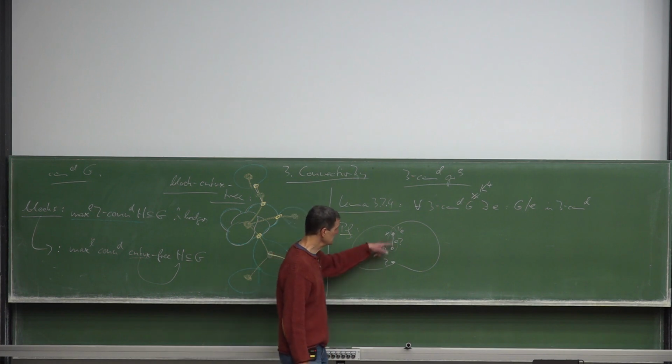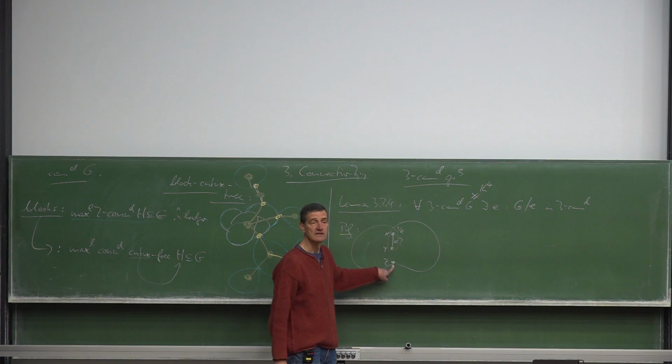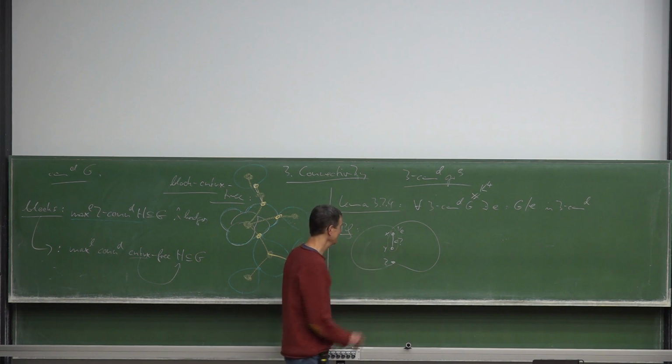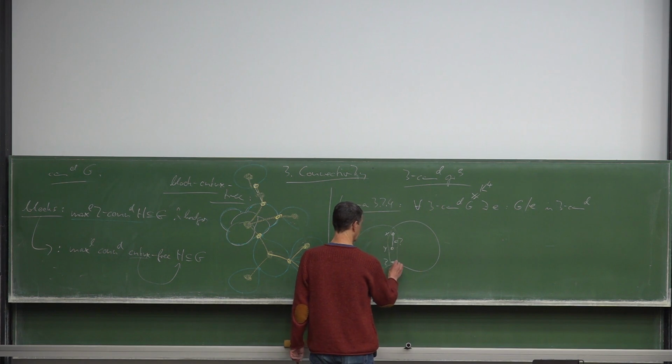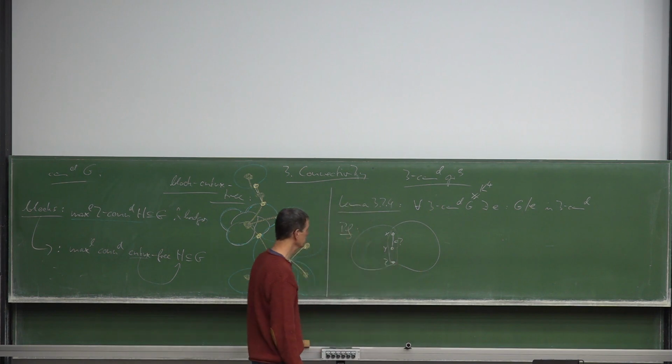But then, as one can easily check, the 3 vertices x, y, z separate G, which is fine. G is 3 connected. But it's at least something we can observe.